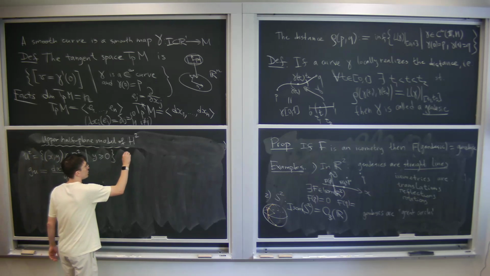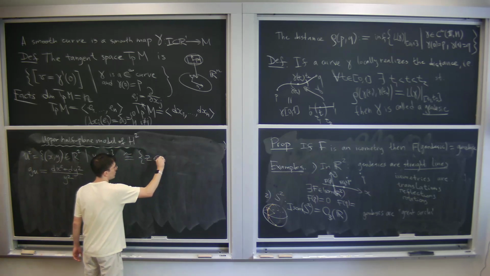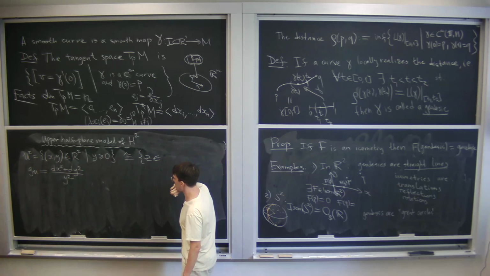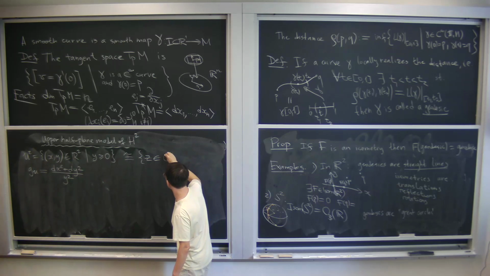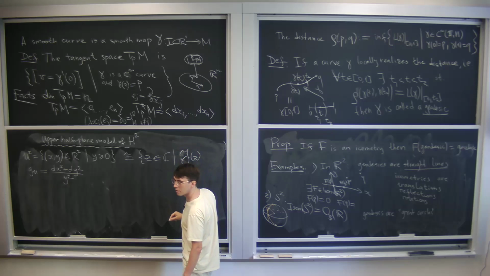So one can also identify this with a complex interpretation. One can take the complex numbers z such that the imaginary part, how is it usually denoted, y, strictly greater than 0.